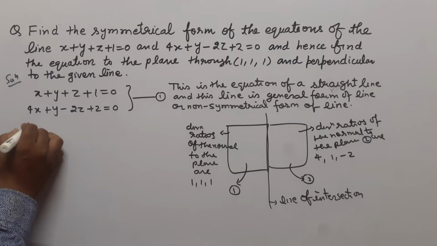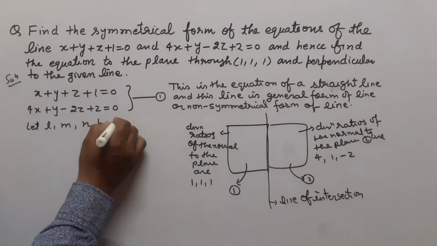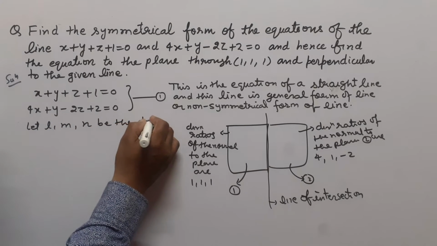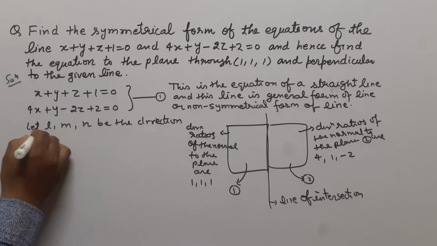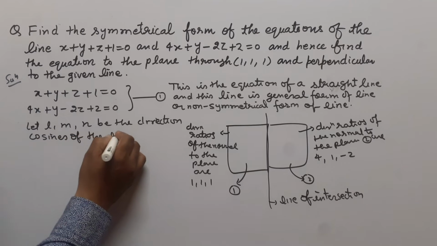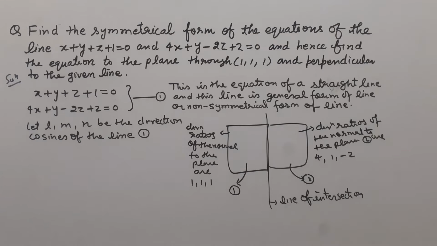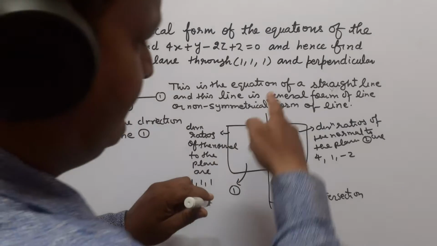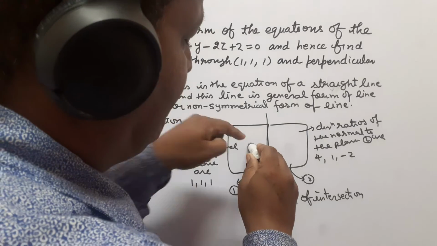Let us suppose that L, M, N are the direction cosines of the line of intersection. Here we can see that this is the line of intersection and this is the normal of the plane.